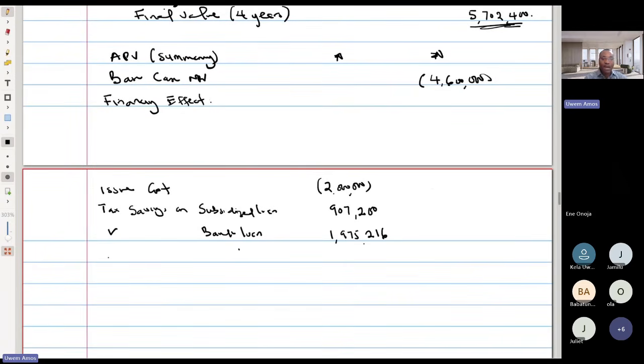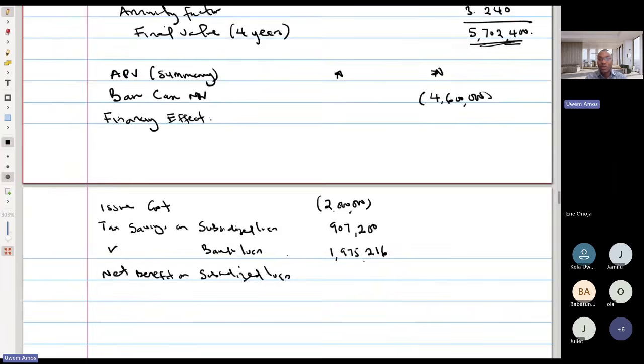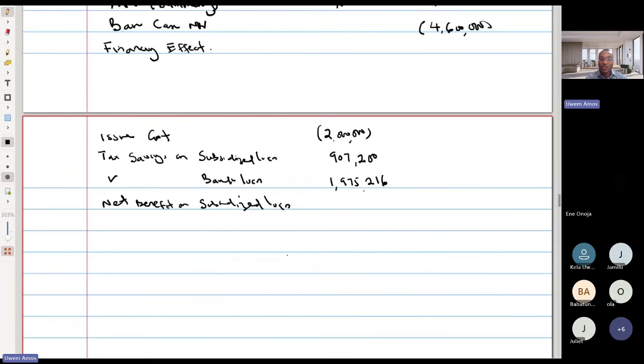And then we have our net benefit on subsidized loan: 5,702,400.